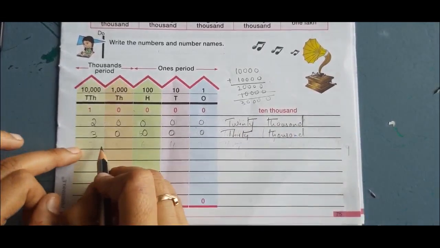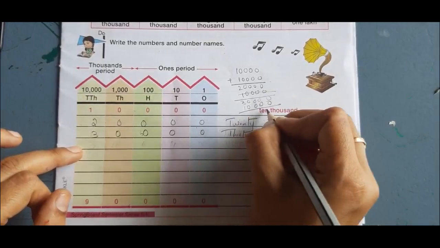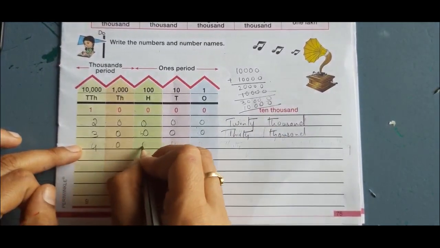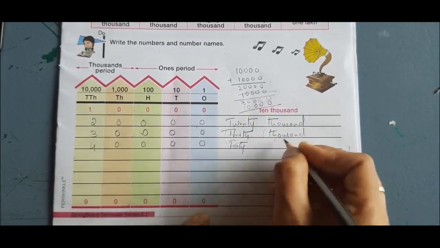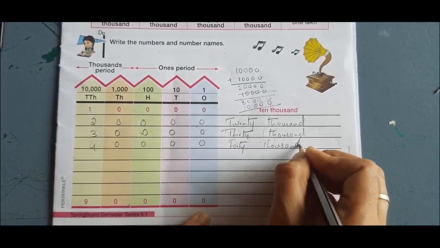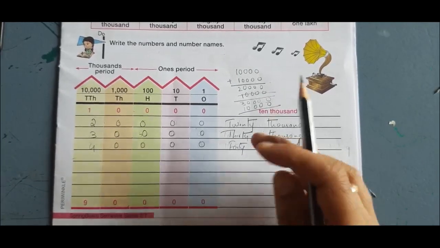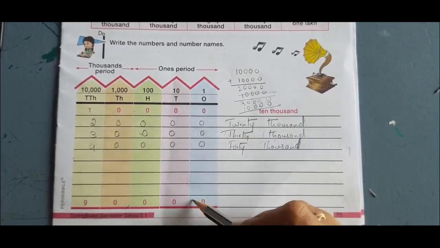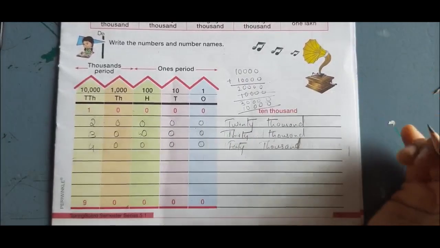And next for the fourth row, add again 10,000 to 30,000. We get 40,000. Complete this table till 90,000 by adding 10,000 to the previous row.